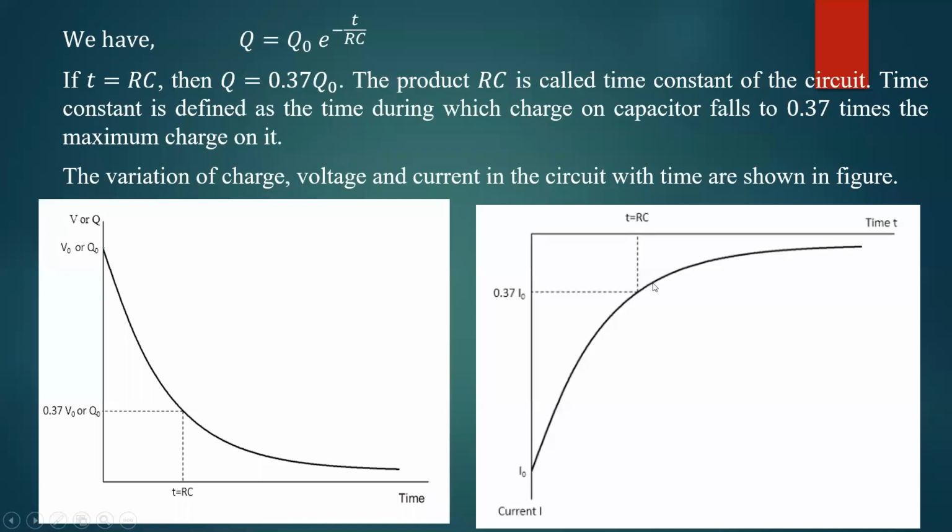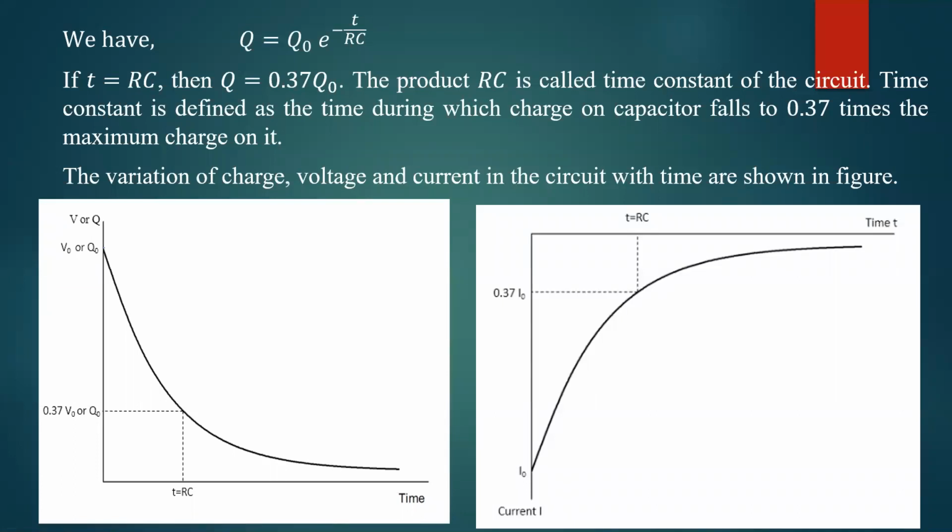Remember, current is decreasing, but it is in the negative quadrant, the fourth quadrant, because current is minus I naught into e to the power minus t by RC. That's why current decreases in the opposite direction. Starting from minus I naught, it goes near zero. During time t equal to RC, the current decreases to 0.37 times I naught.